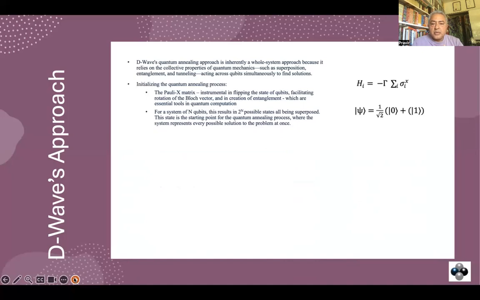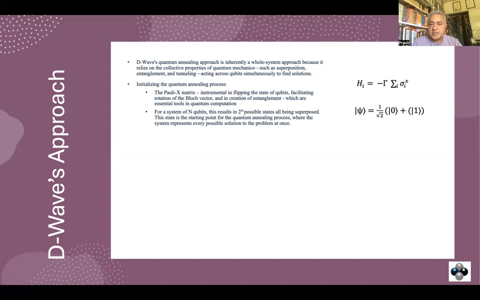We can think about the initialization of its quantum annealing process, represented by the initial Hamiltonian, in which a strong transverse magnetic field allows the Pauli X state to occur across all the qubits in that computer so that they're put into a maximum state of uncertainty.